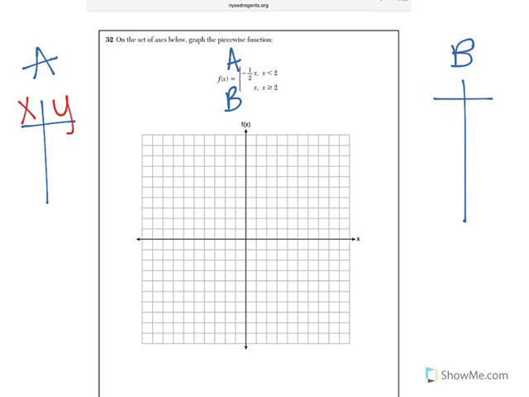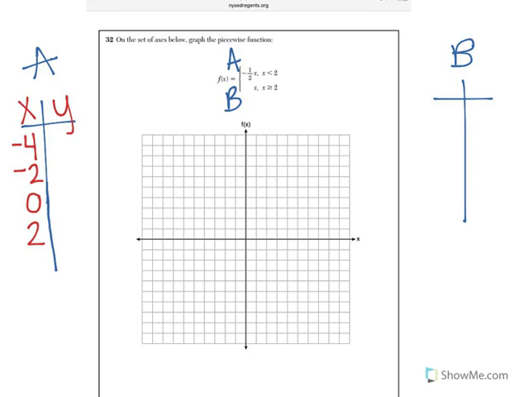So if I pick a few values that are less than 2, and I type this into my graphing calculator, I might pick -4, -2, 0, and 2. Now I'm not using some of those other values just because I don't want to have to work with decimals when I graph this.